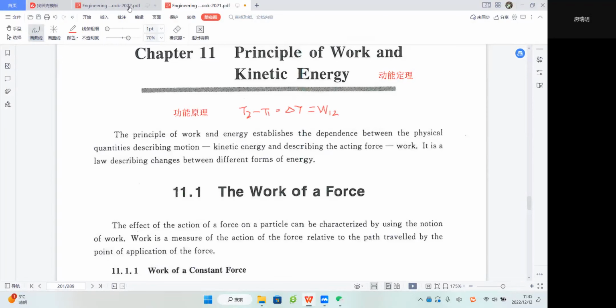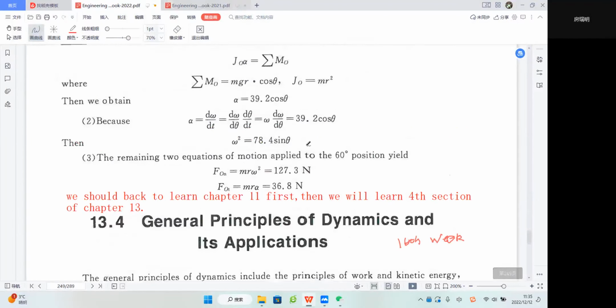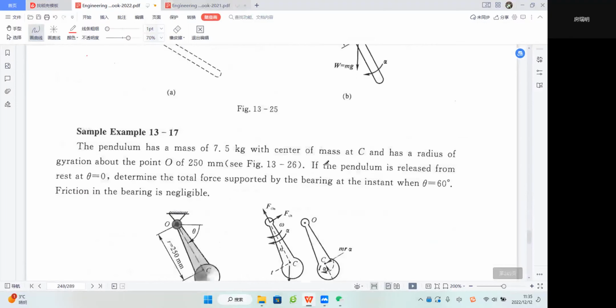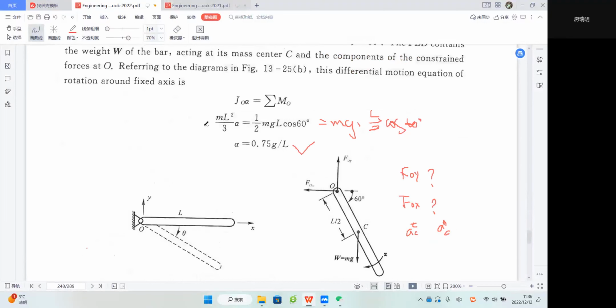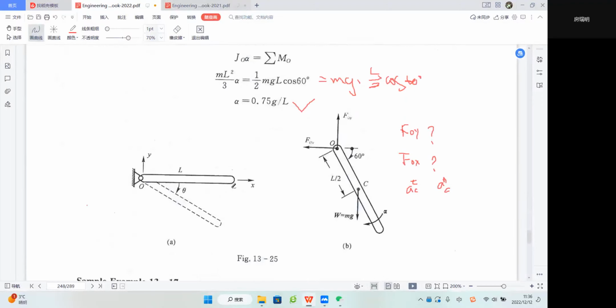So let me go back to this example. I will show you a first impression of this principle of work and energy. Let's use this example again. I will show you again how to find omega, because a_n should equal omega squared times half L, right?